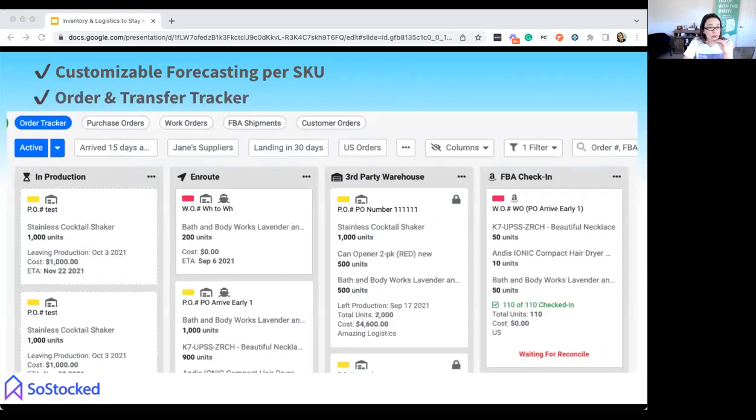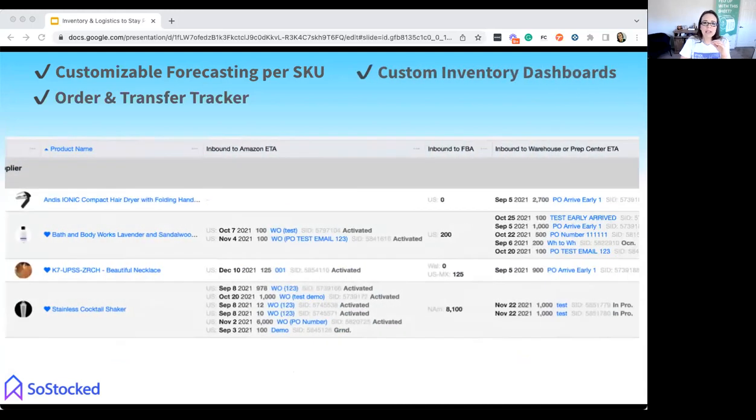Then you've got the order and transfer tracker. It's a Kanban view of your items in production, your orders that are en route, say by boat or by plane, and then anything that is arriving to your warehouse or checking into FBA. Then you have customizable inventory dashboards.